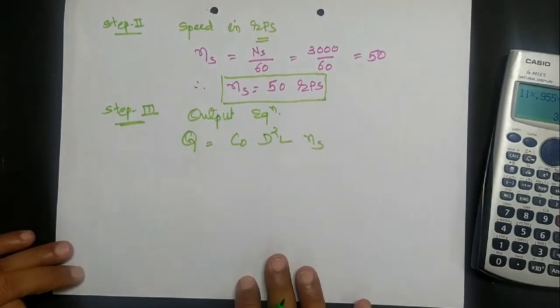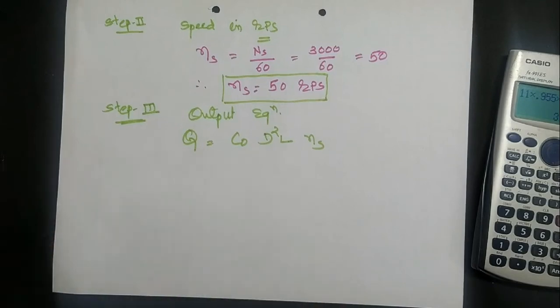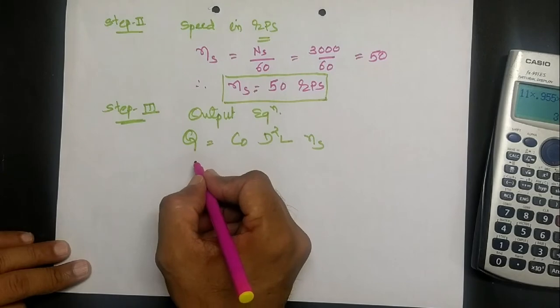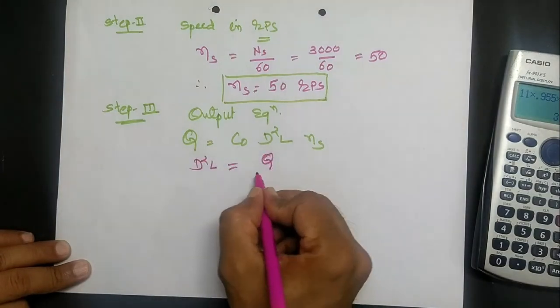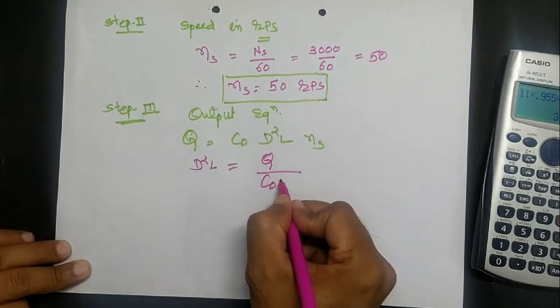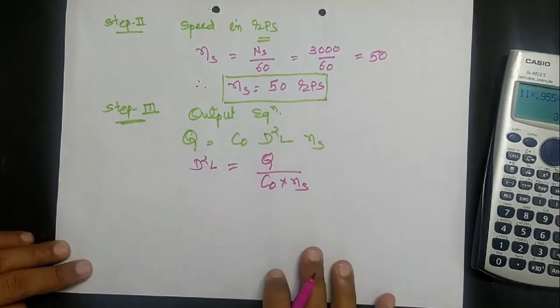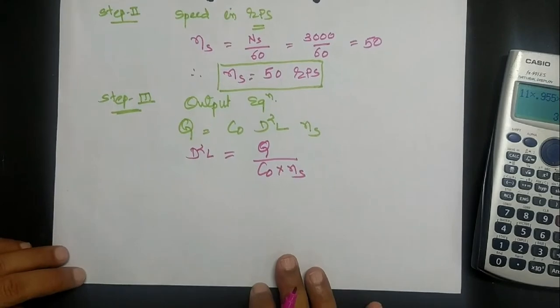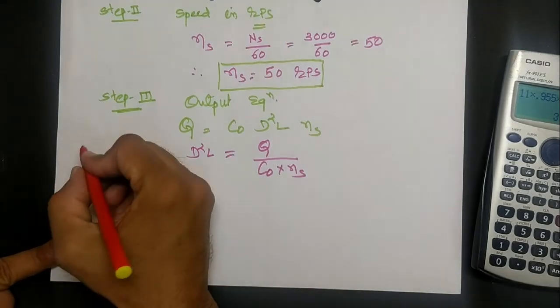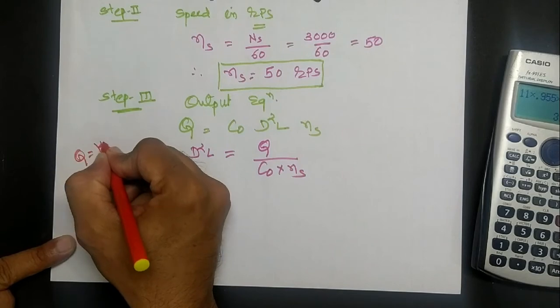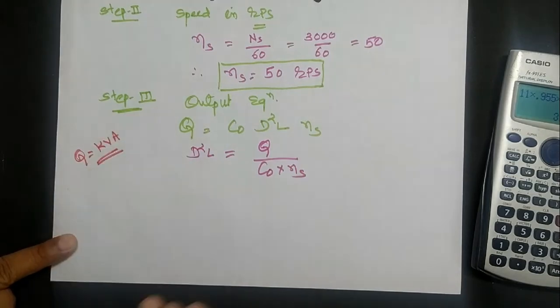Now based on this equation, we can calculate D square L. So D square L is Q divided by CO and NS. Output equation, we know how to use it, but here one thing is very important that you should always remember, that Q is always in kVA.